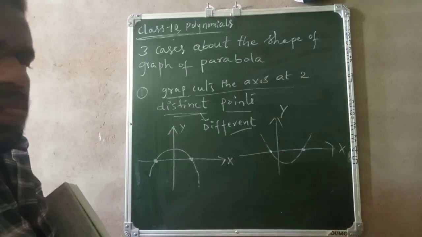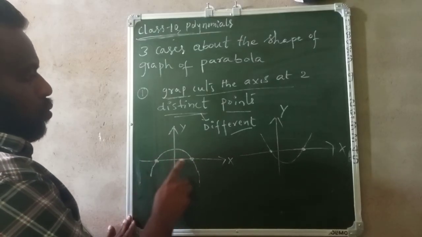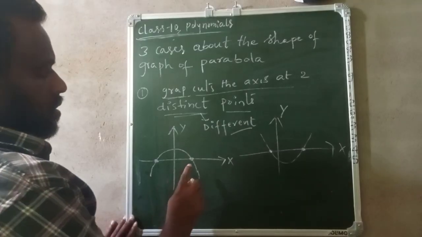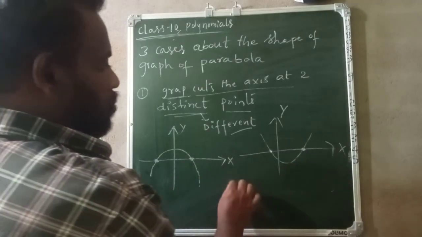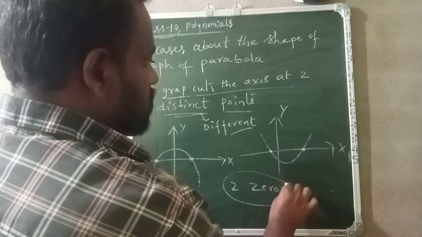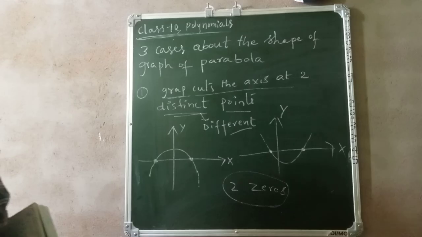Now we can see, when the curve cuts the x-axis at two different points, then this graph has two zeros. Simple.